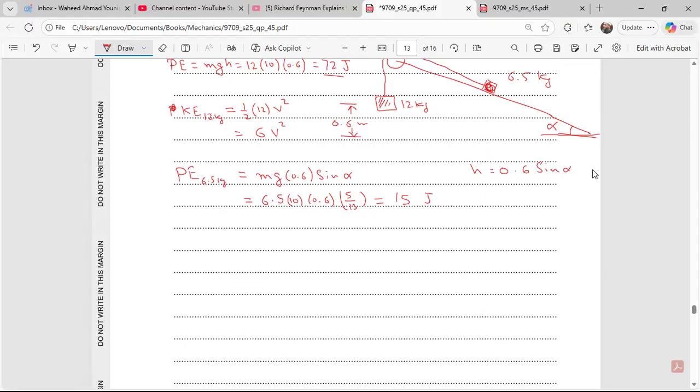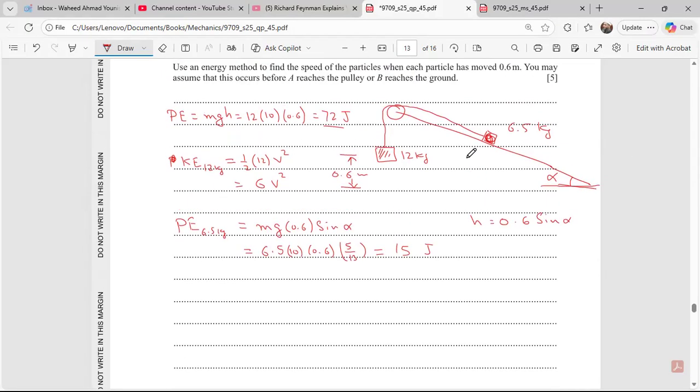Okay. So the gain in the potential energy of this 6.5 kilogram object is this much. Okay. When it reaches up, it has some speed, right? So the kinetic energy. Okay, this is the potential energy loss of this 12 kg object.